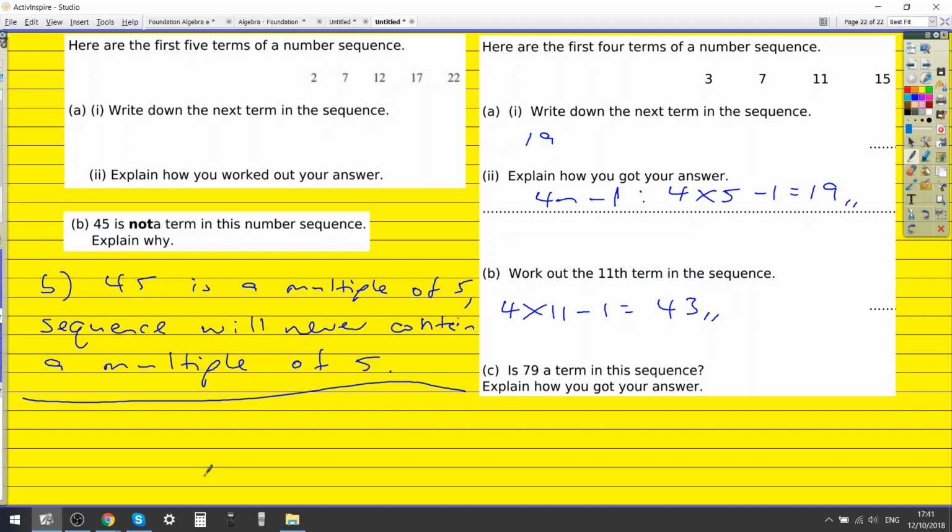Yes, because if you do 4 times 20 is 80, and then you just take away 1. That's it. 4 times 20 take away 1 gives you 79.